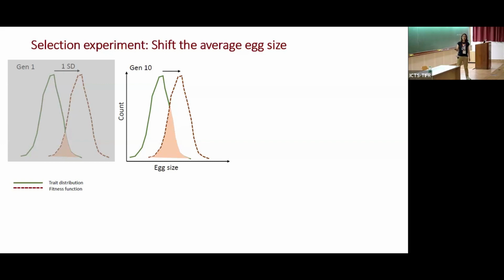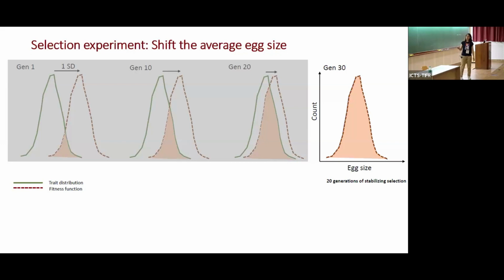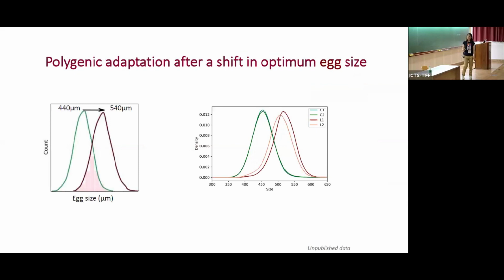So then again, we choose the individuals, the embryos, eggs that fall under the new fitness function. And we continue with this, and eventually they would be really close. And after that, we can basically perform stabilizing selection. So we did such an experiment, and we used the same procedure that I explained for around 27, 30 generations, and we already see a response.